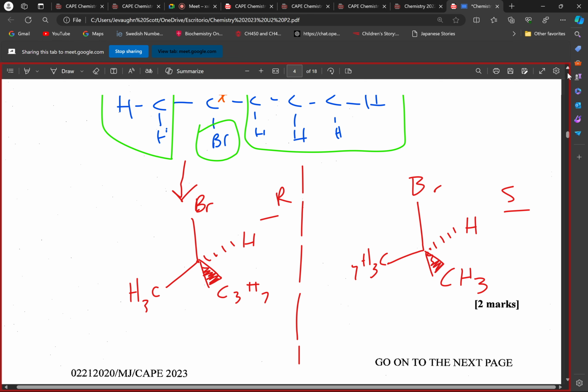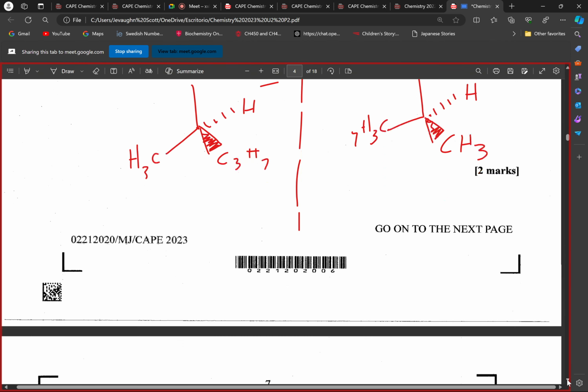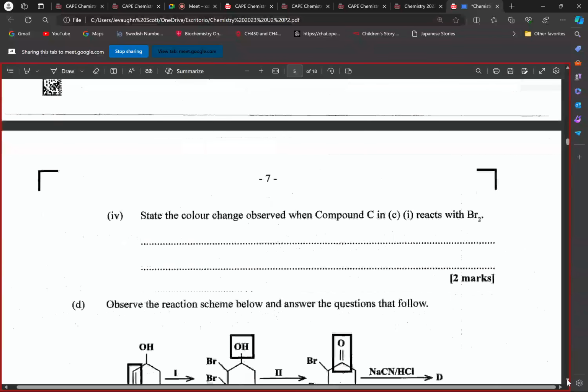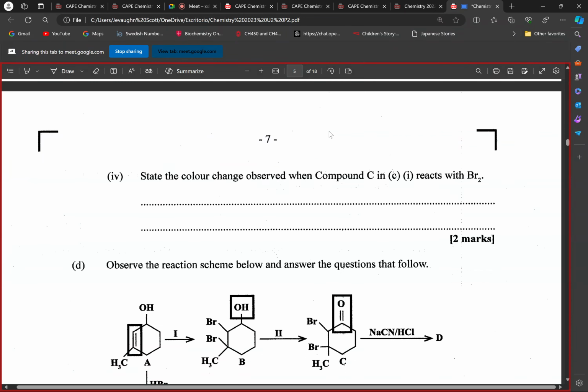So what's basically happening is that the Markovnikov product itself is optical and will form 2 different isomers. Alright? It's now asking to state the color change observed in compound C when it reacts with bromine. So what would be the color change?